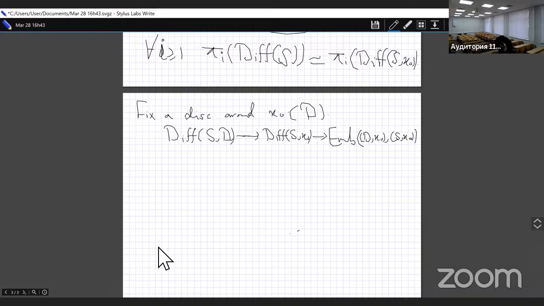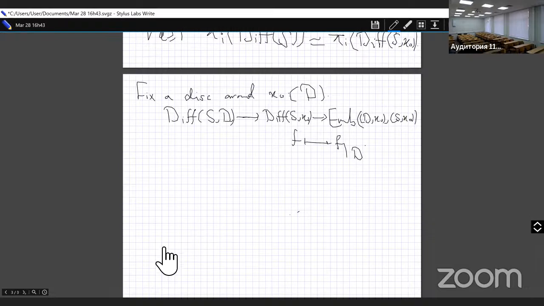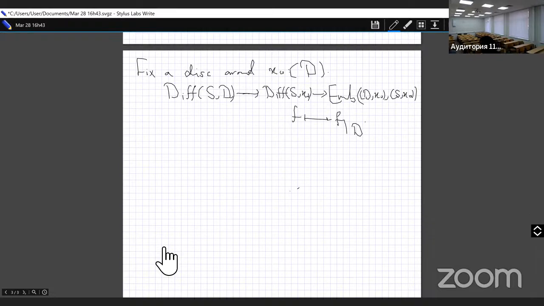Now we want to prove again that the higher homotopy groups are the same. For this, first of all, this is a general fact from any dimension.